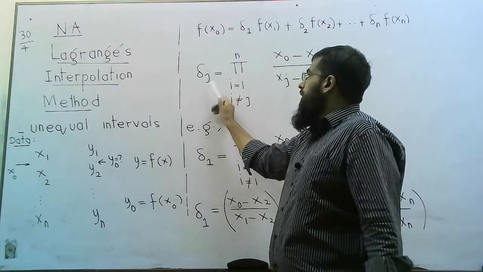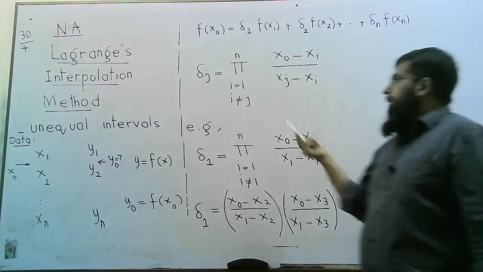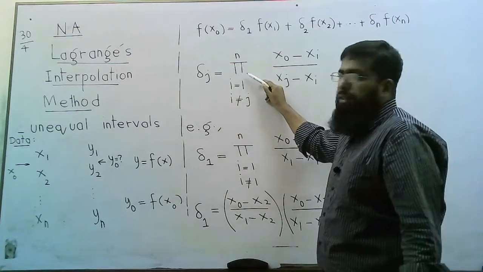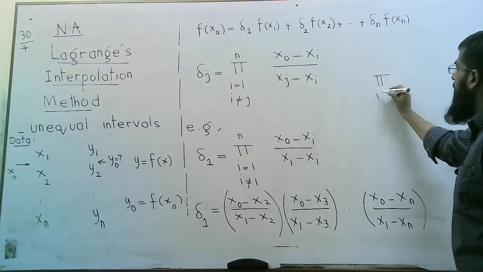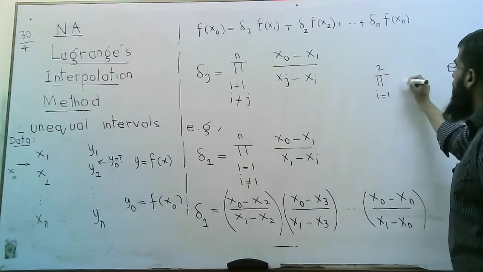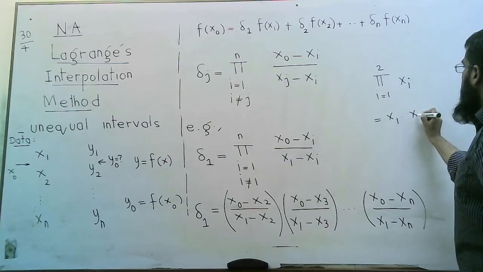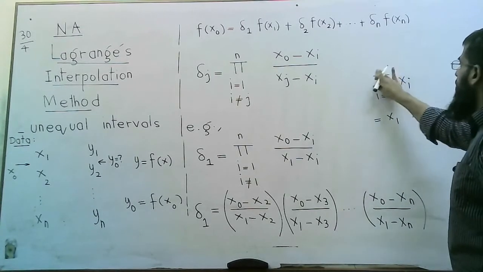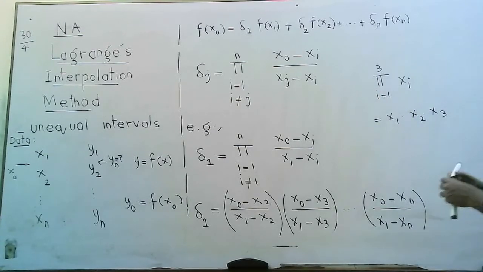Del j, where j can be 1, 2, 3 up to any value n, can be computed as this product. The product sign means that if it is i from 1 to 2 of xi, this means x1 times x2. If it is 1 to 3, this is x1 times x2 times x3.